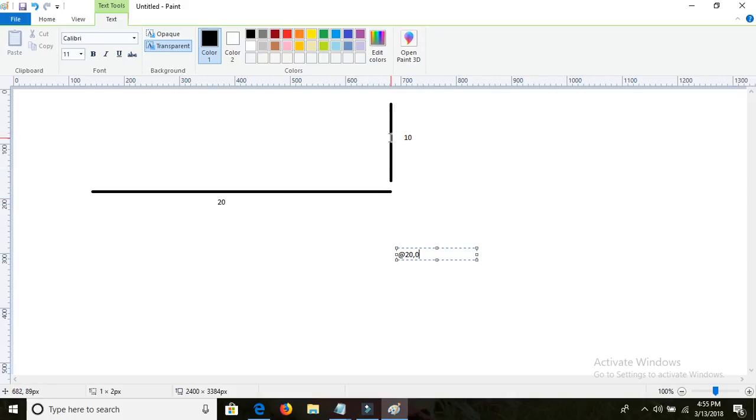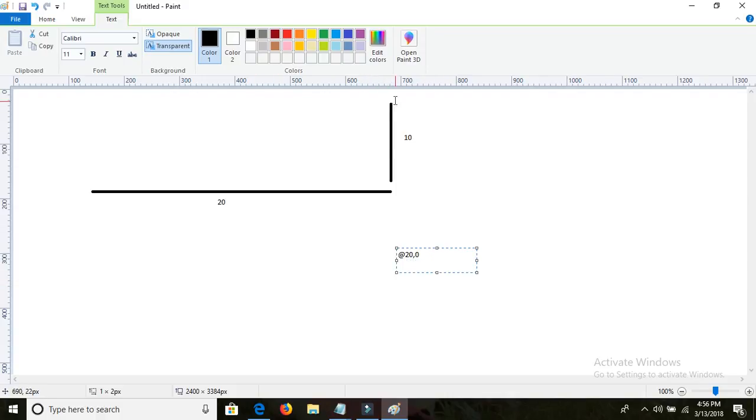But this one line has two segments, so I need to prepare the first segment and then continue with the next. For the first segment I need to start from the origin, 0,0, and draw the line up to a distance of 20 on the x-axis, with y distance 0. This is a line segment.